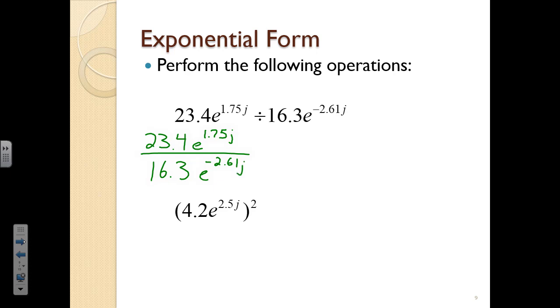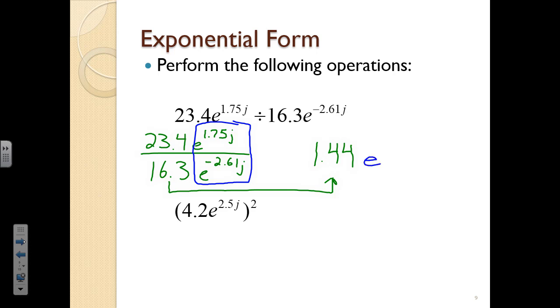Now 23.4 divided by 16.3, that's going to give us our new coefficient, and that turns out to be 1.44. But what about our new power of e? e to the 1.75j over e to the negative 2.61j. We know that that's going to be e to some power. But remember what our properties of exponents say. If we have x to the a over x to the b, we know that that is x to the a minus b. We've used that lots of times.